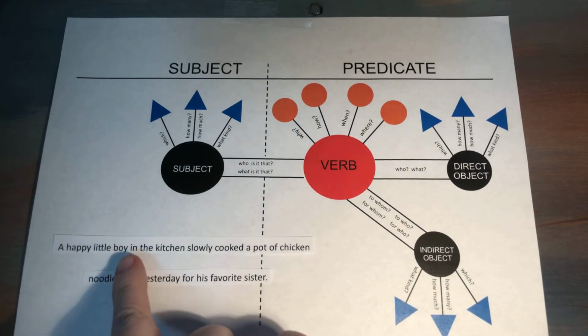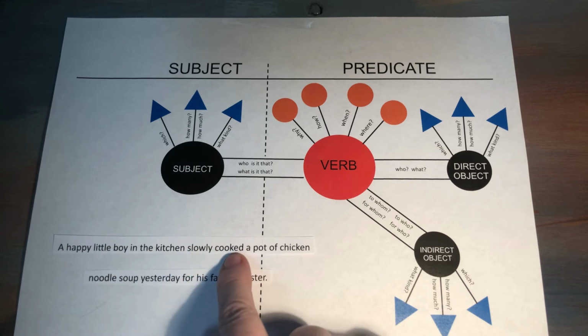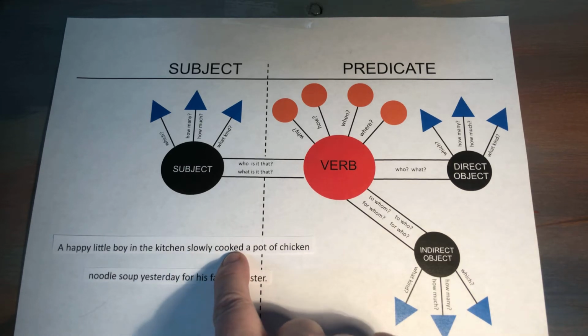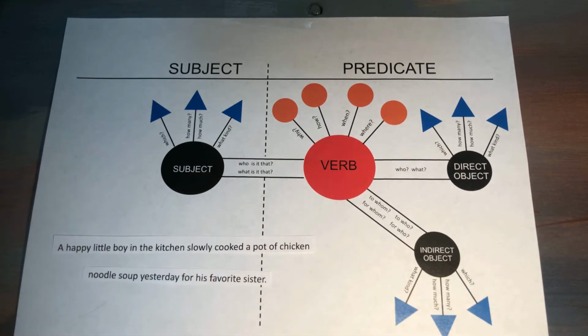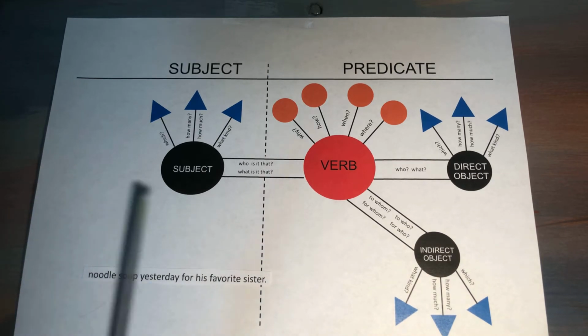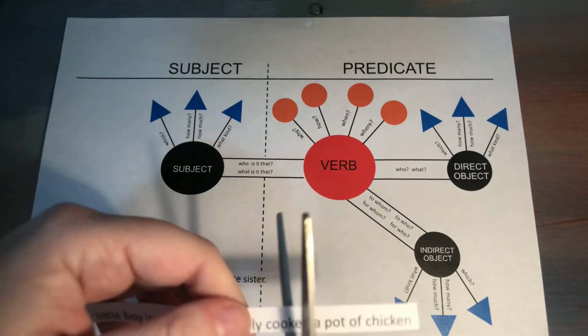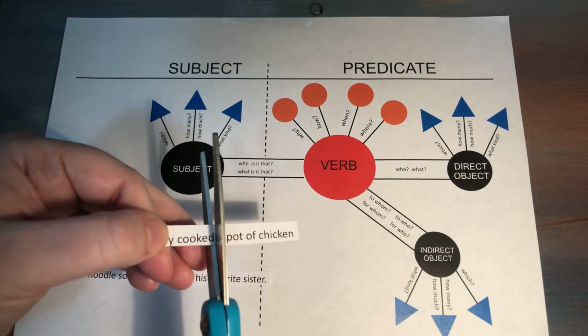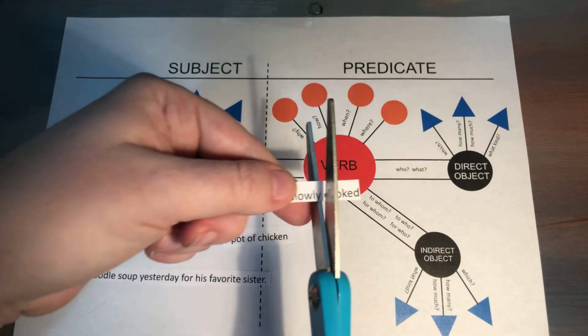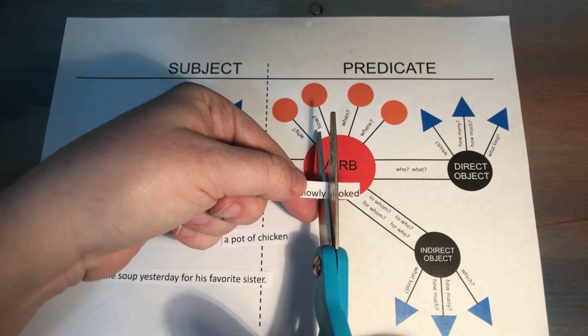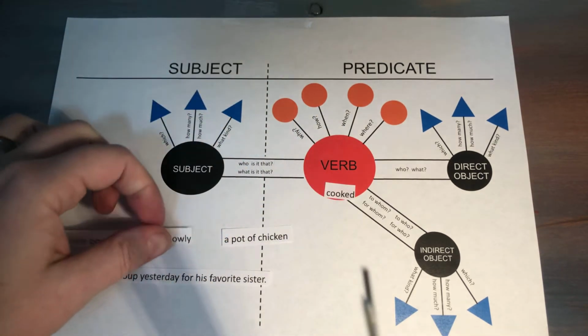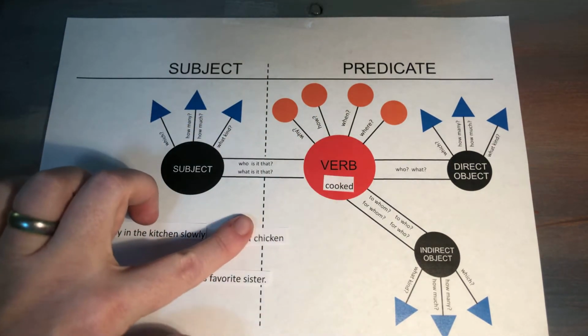So, we're looking for our verb, our action word. A happy little boy in the kitchen slowly cooked. Cooked is our verb. So let's get our scissors and cut out the word cooked. Try to make sure all of our sentence parts stay together. Okay, cooked.